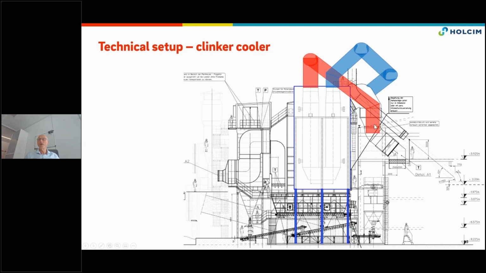We have as well to build the red new duct to the heat exchanger, and out of the heat exchanger the blue duct is going back to the old duct and up into this mixer here. So that's the task we have on this side.